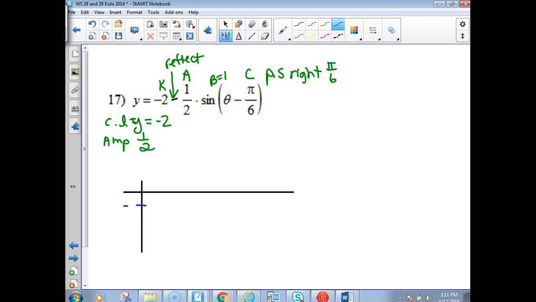So if that's -1, then -2, and I have an amplitude of 1/2. Oh, maybe I better spread those out a little bit more, just because I got to go between them because the amp's only 1/2. So I'm just trying to have you think about what you need to do so your graph is easier to do. -1, I'm going to spread these out.